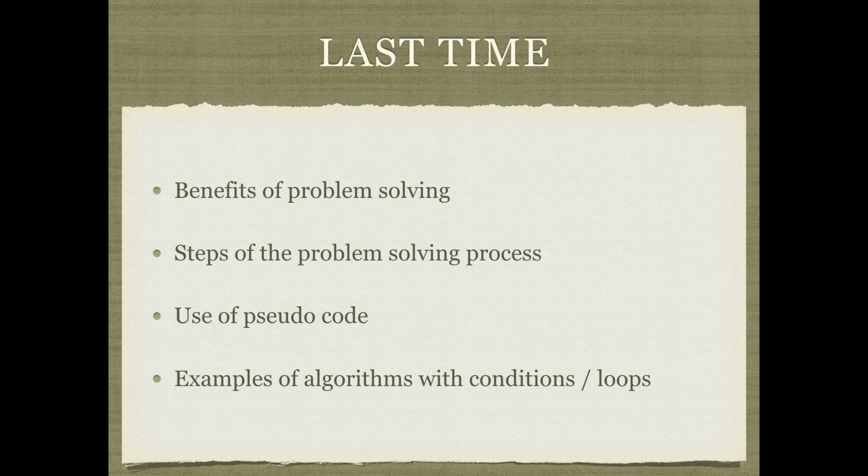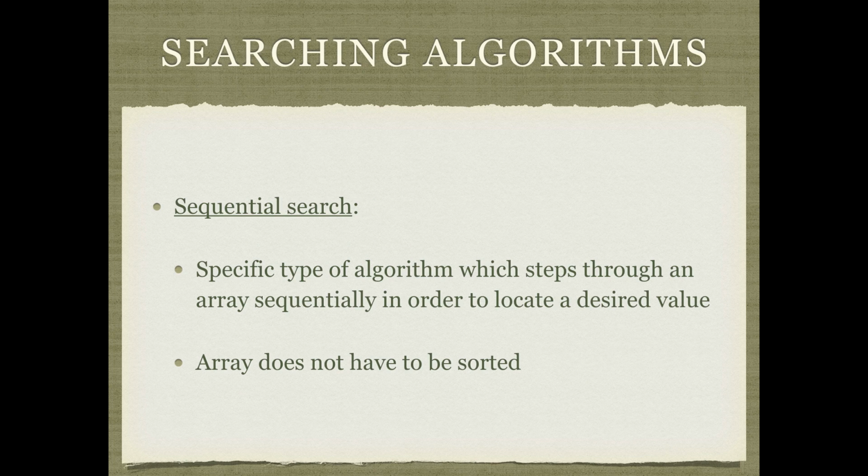So if you want to be able to sort data in a certain way, but it's stored in a certain data structure, or if you need to locate data in different manners, these are samples of algorithms you can use to accomplish that. So first item on the list today is a search algorithm called sequential search.